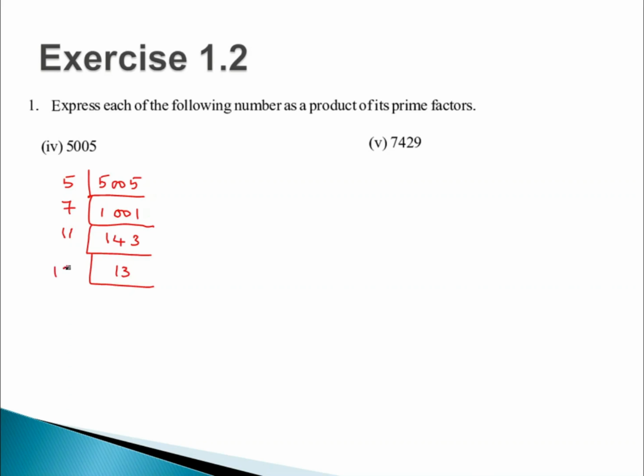So 5005, if I'm dividing this one, is 5 into 7 into 11 into 13. So I can write this one like this only. There are no other alternatives to write this.